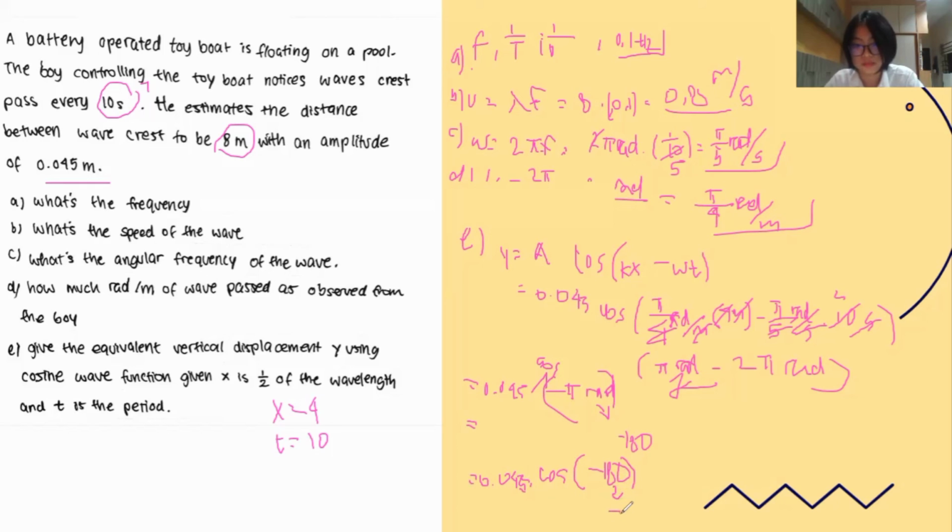Negative 180 will become negative 1. So the end result is negative 1 times 0.045. So the end result will be negative 0.045 meters. And just circle this. And that is your answer for E.